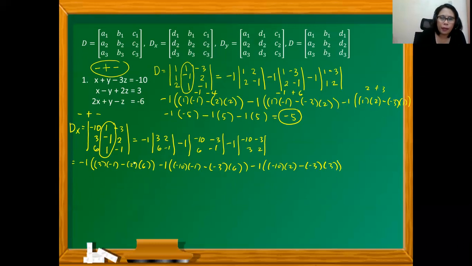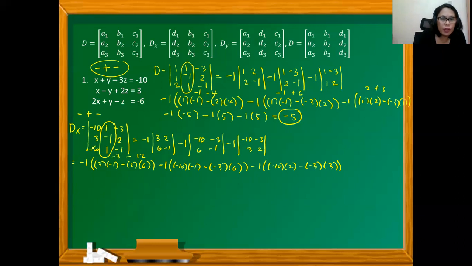So this must be negative 3 minus 12, right? So this is negative 3 minus 12. Oh, so this is negative, sorry.